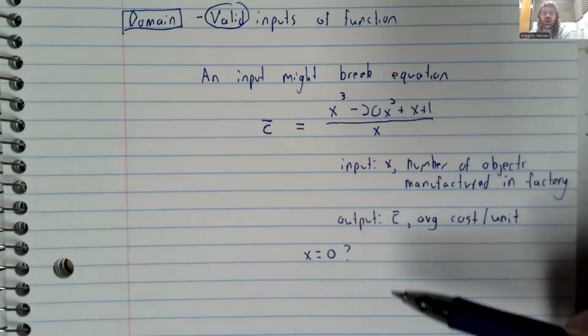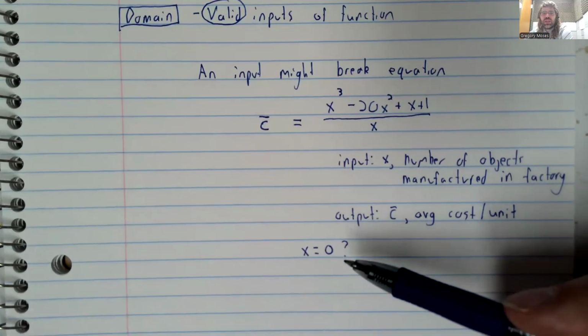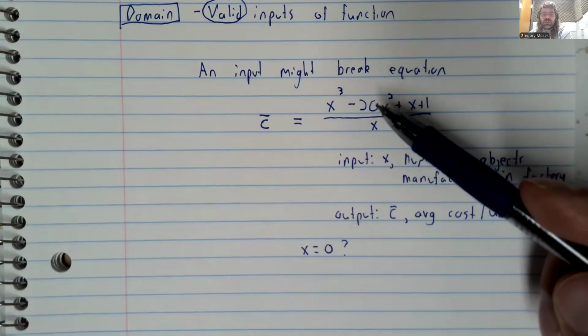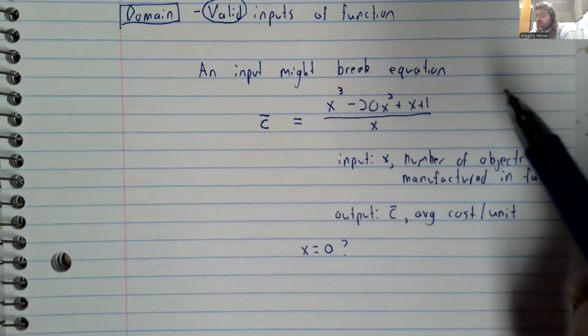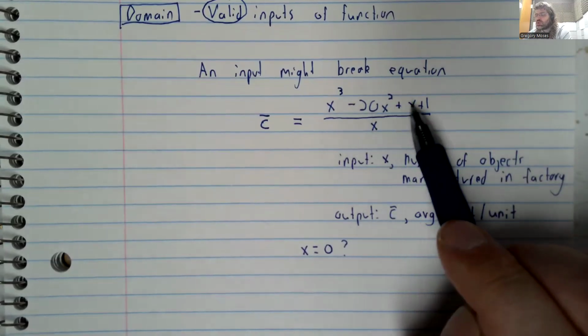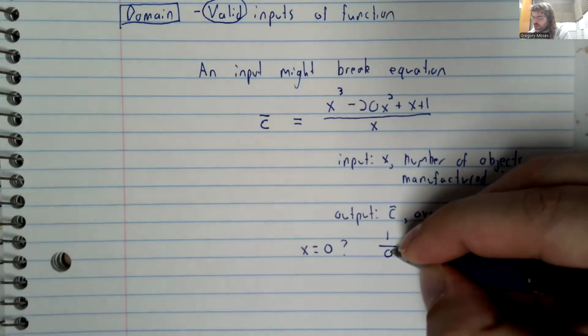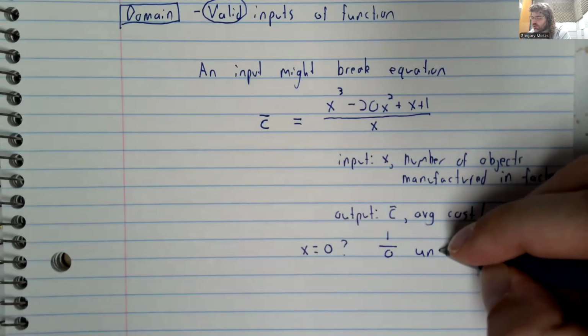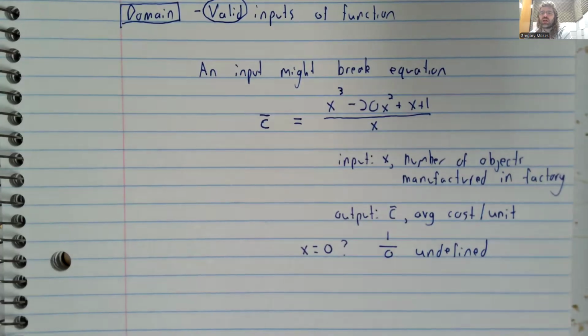Physically, it's certainly possible to manufacture 0 units. It's not in the domain of this function, though, because it breaks it. If we try to let x equal 0, 0 minus 0 plus 0 plus 1, 1 divided by 0 is undefined. It's a division by 0 error.